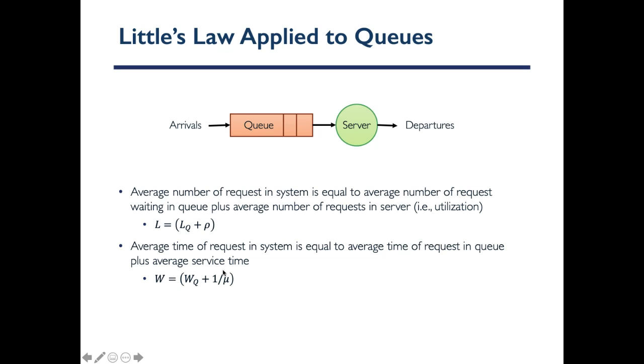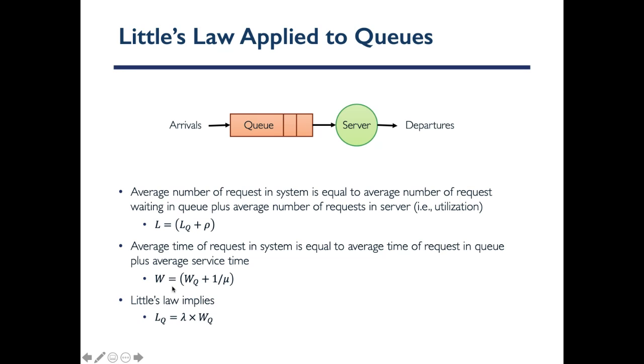What about your W? Your waiting time is going to be the waiting time that your requests will see waiting in the queue plus the time that they spend in the server, which is 1 divided by mu. Now, use Little's law, L equals W times arrival rate, lambda.